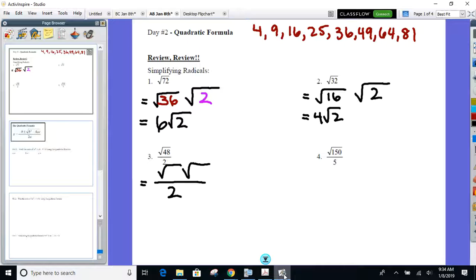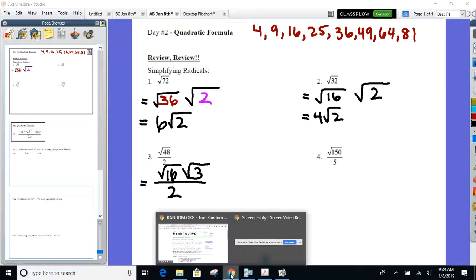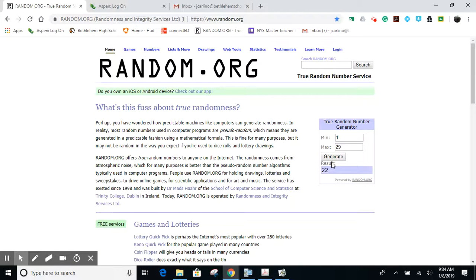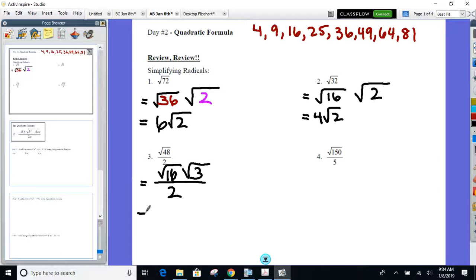Okay, 4. Bigger than 4. There's another number that goes into 48 that's bigger than 4. Yeah, you're right. 16 and 3. Finish that top one for me now. Finish breaking down 48. Not done yet. Finish breaking it down.